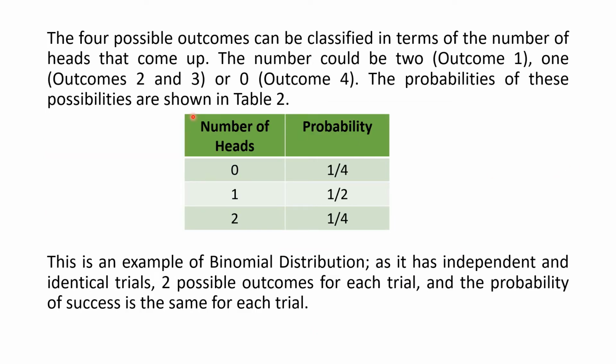Next, the 4 possible outcomes can be classified in terms of the number of heads that come up. So the number here could be 0, 1, and 2. So we are setting the probability of getting a head as a success. Okay, so we can summarize it in this second table. Either you get no heads, meaning both coins give you tails, so the number of heads is 0.